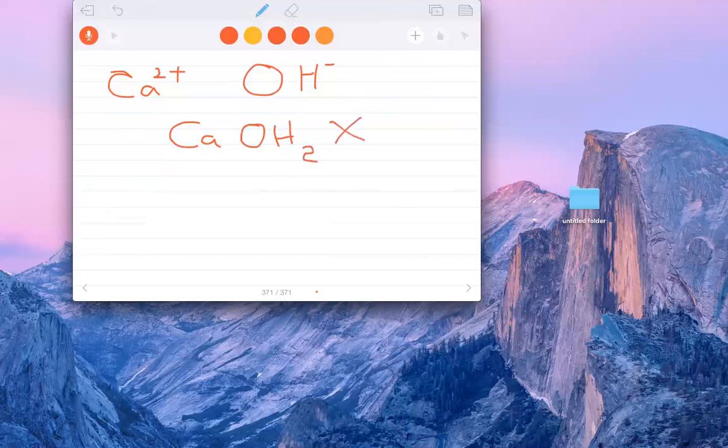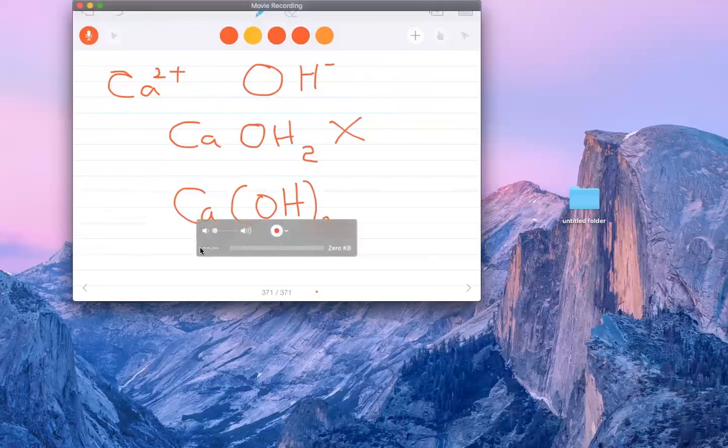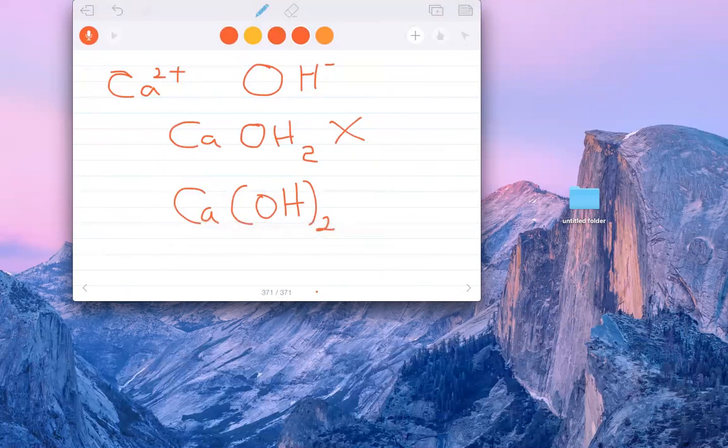You have to use the parentheses: Ca in parentheses, OH, with subscript 2, like that. You use parentheses. There is one subscript for calcium here, and there is one coming from the hydroxide. So the point here is to keep track of the ionic charge for the polyatomic ion.